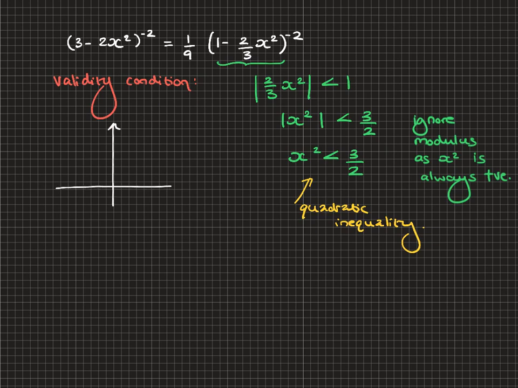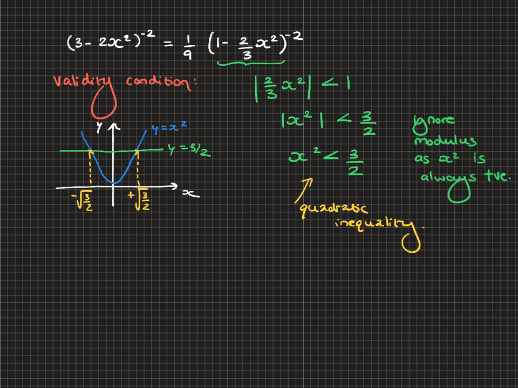So here's my quick graph sketch. Here's my graph of y equals x squared. And I'm going to draw on my line of y equals 3 over 2. Now we know that the graphs intersect when x squared equals 3 over 2, so when x equals plus or minus root 3 over 2.